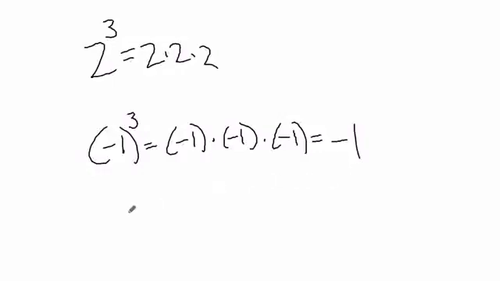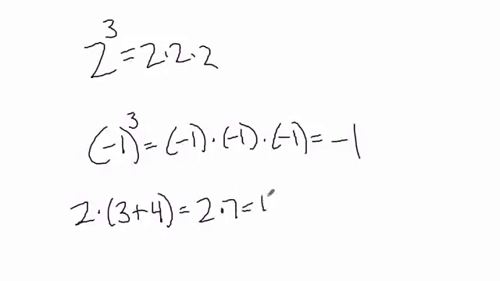The last point I wanted to make was the distributive property. If you have something like a number in front times a parenthesis like this, you can either add the 3 plus 4, and that would give 2 times 7, which is 14, or I want to make you aware of this other choice. You could do these two products, 2 times the 3 and add that to 2 times the 4.